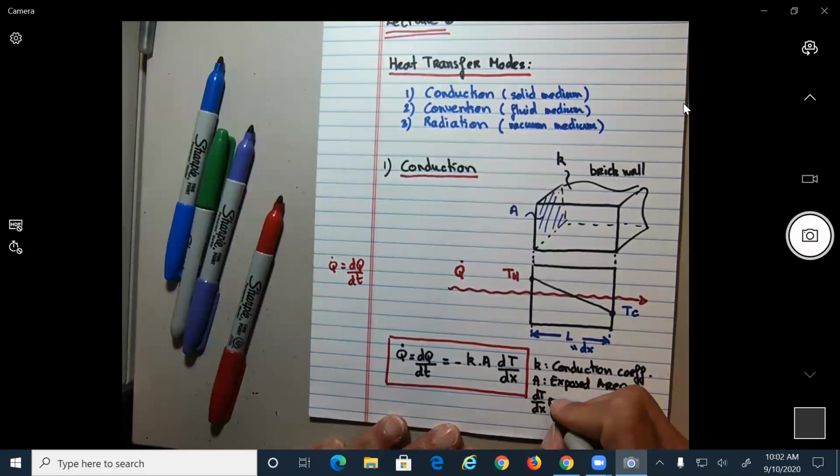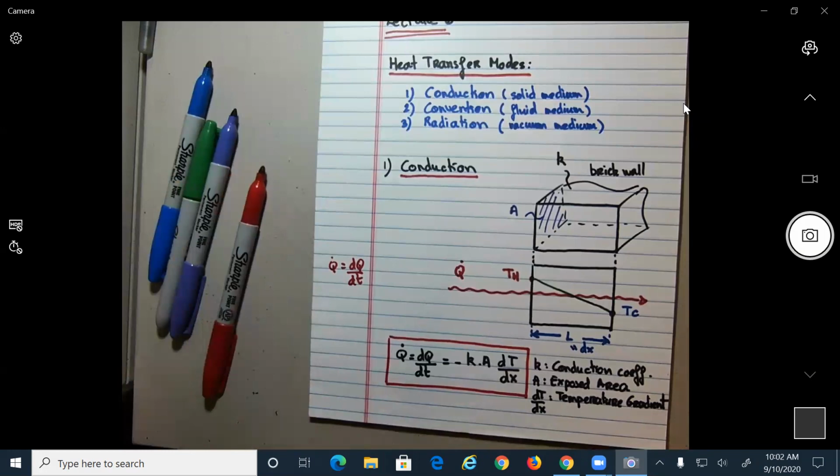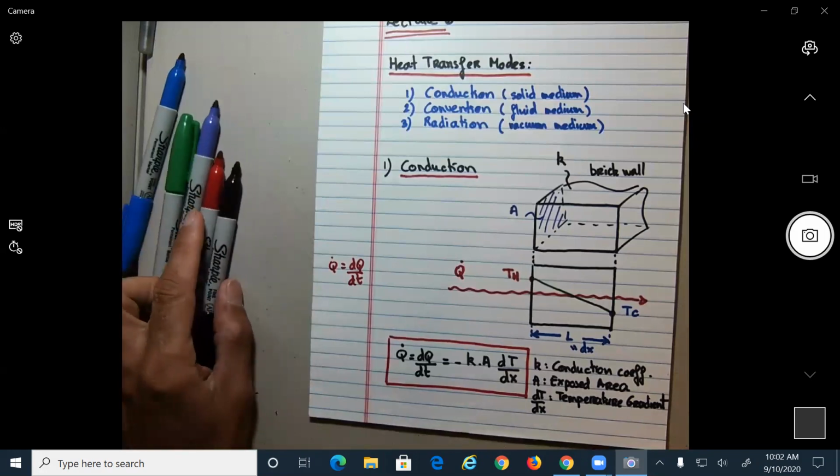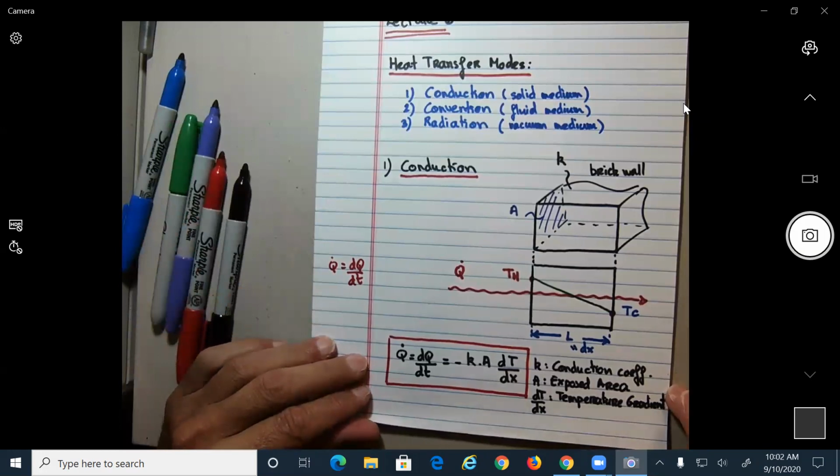And dT dx is what is known as the temperature gradient.